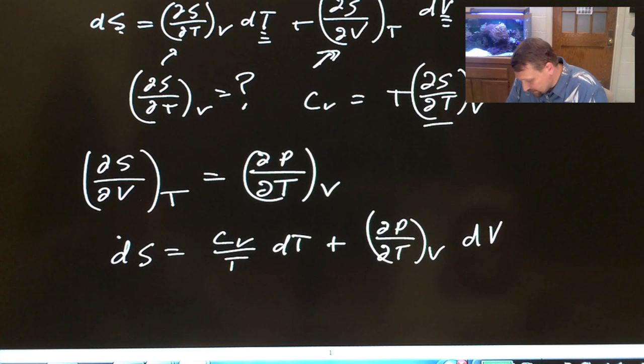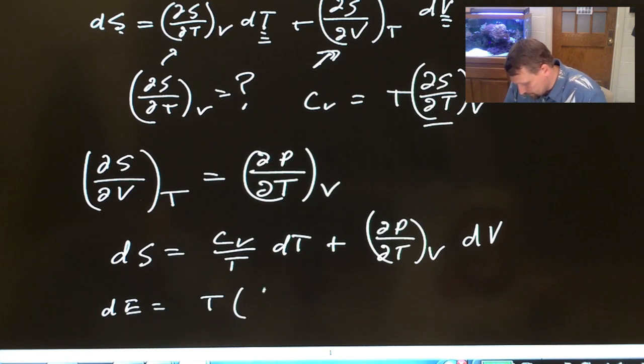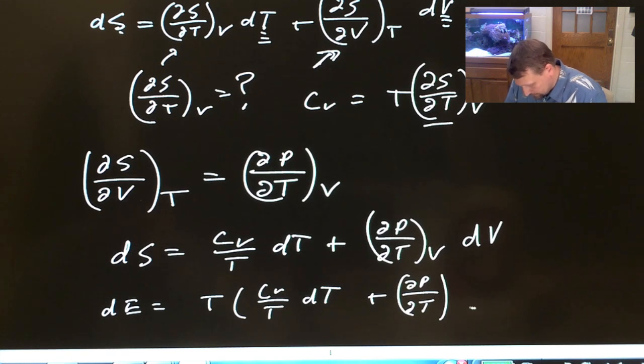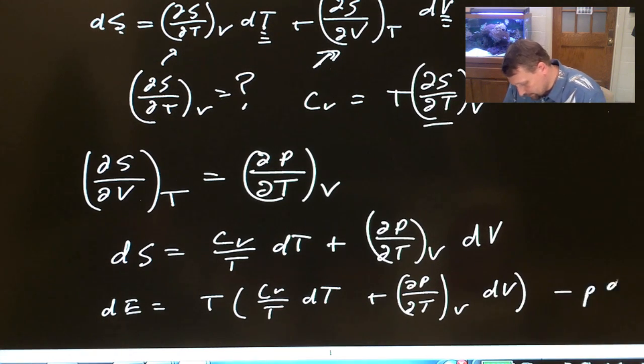We substitute this dS into our original dE equation, and we can rewrite it as follows. dE equals T times CV over T dT plus partial P, partial T at constant V dV, minus P dV.